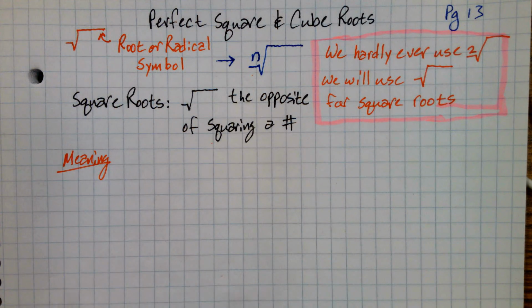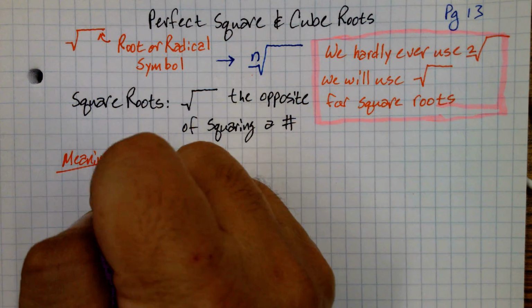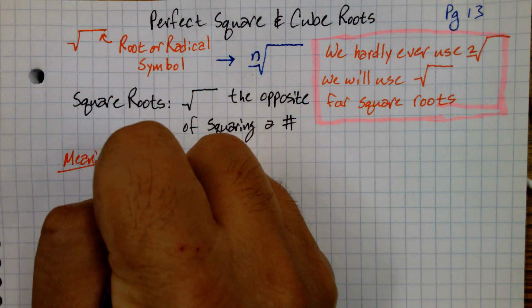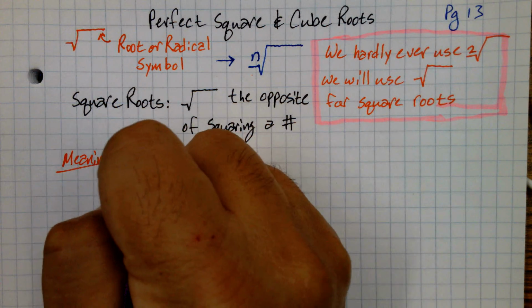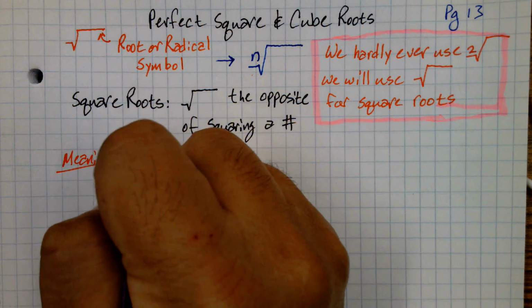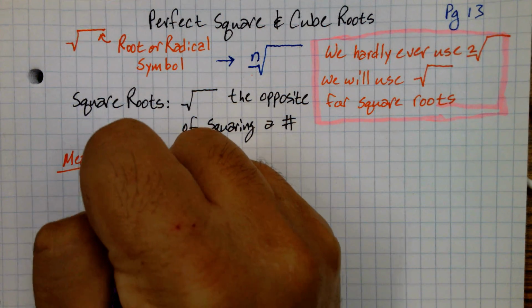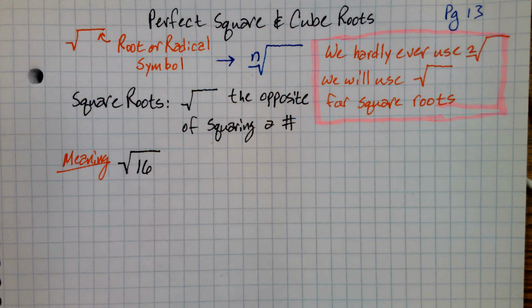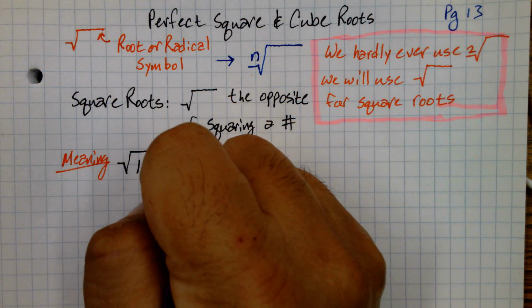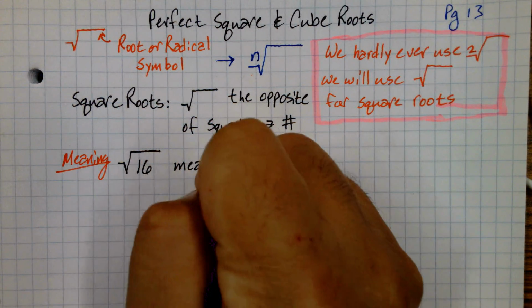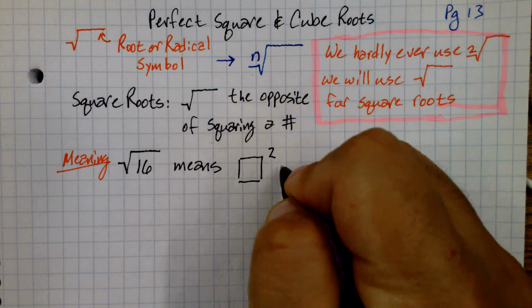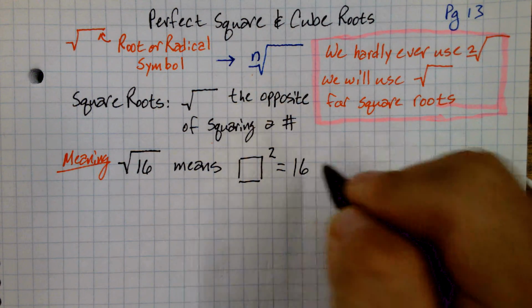If you have, for example, the square root of, say, 16. Square root of 16 means what number squared equals 16?